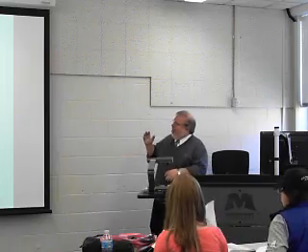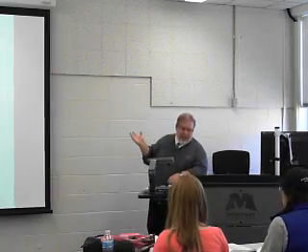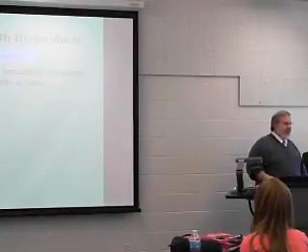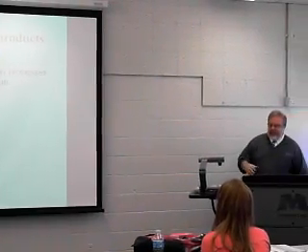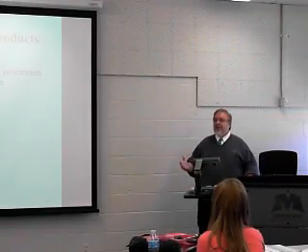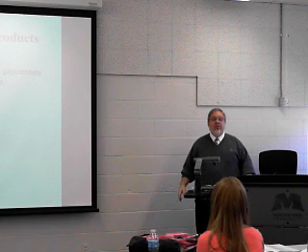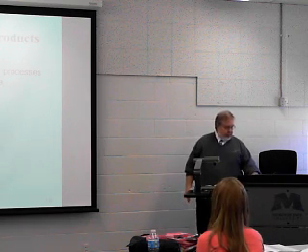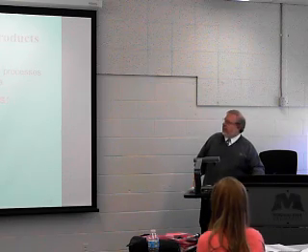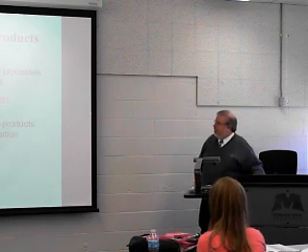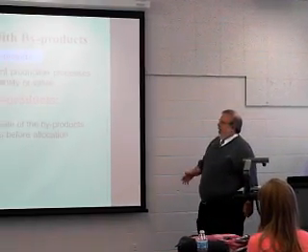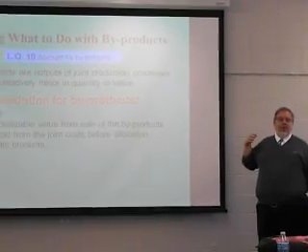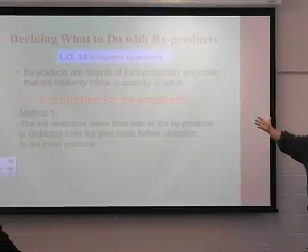Anyway, how do we account for byproducts? Well, real easy. One of the ways is relative sales value. Whatever we get for it, we simply reduce the amount of joint costs that we're allocating. Again, say we had joint costs of $270,000 in this example.